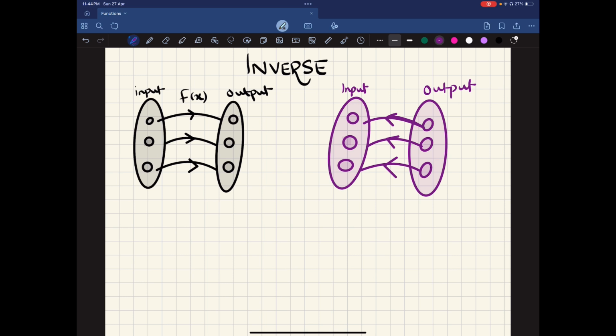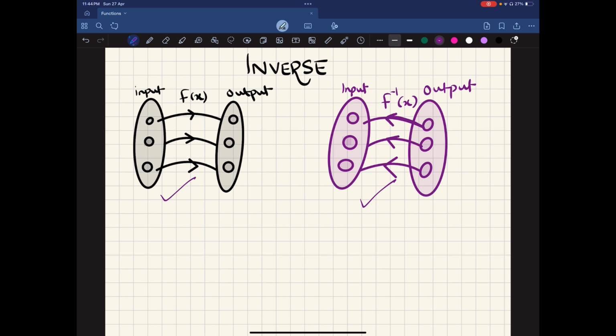The inverse function. The inverse function is denoted by f raised to the power negative 1, but you never read it like that. You always read it as f inverse of x. Okay? So this is the inverse function and this is your normal function.